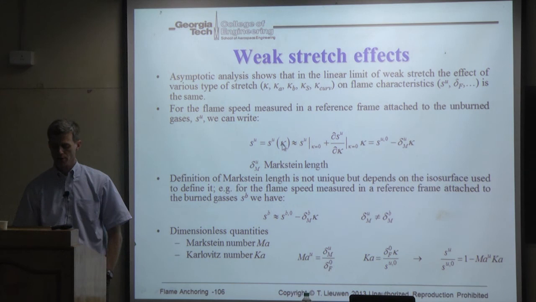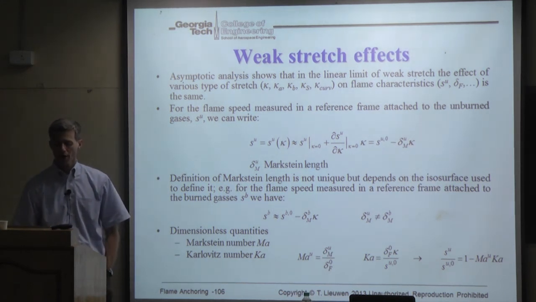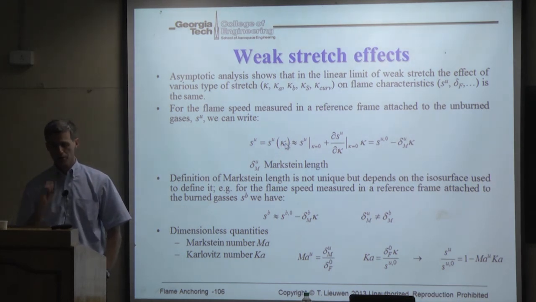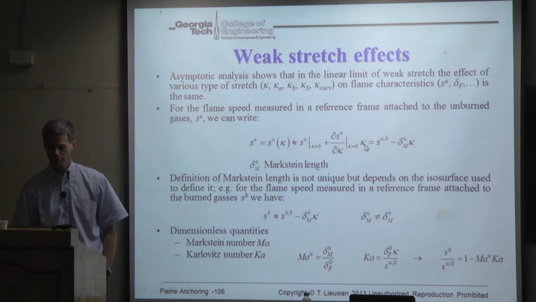So S_U is a function of kappa, and if I want to say what is that functional dependence, I can expand this in a Taylor series. If the flame is weakly stretched, then S_U for some kappa value will be equal to the flame speed at kappa equals 0 plus dS/d kappa at kappa equals 0 times kappa.